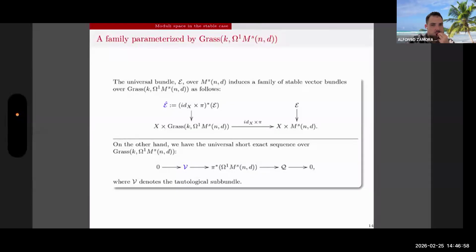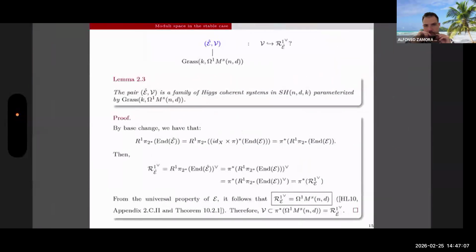But is this pair actually a family of Higgs coherent systems? The next result shows that it is. As we can see, we only need to check that the tautological subbundle lies in the correct direct image. But this follows from base change. We obtain equalities that relate the first direct image and the pullback.